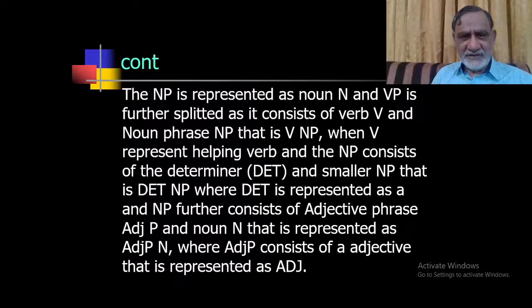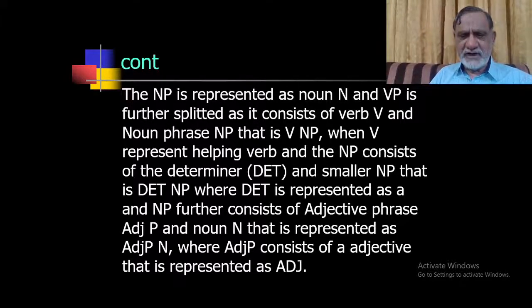V represents the helping verb and NP consists of the determiner. Determiner is short for D, and a smaller NP, where that is represented as NP further.